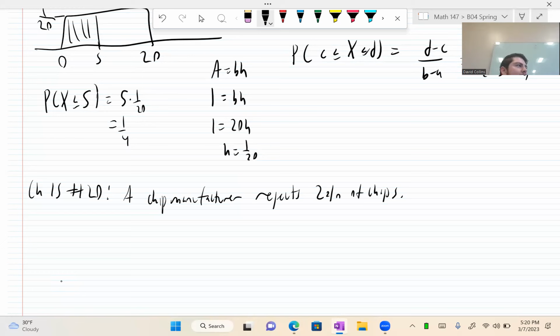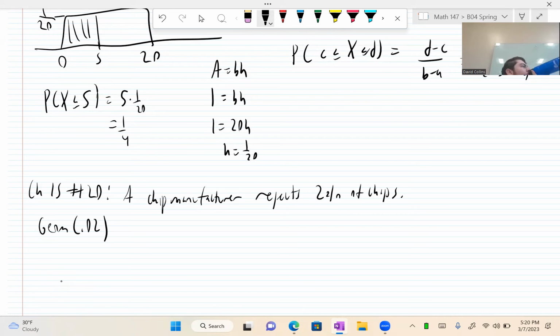What's the probability? 2%. Do we have an N? No, we only have a P. So before even reading the question, you know this is a geometric 0.02. In this case, a chip getting rejected is the probability of success. This is all you need to know that it's geometric.